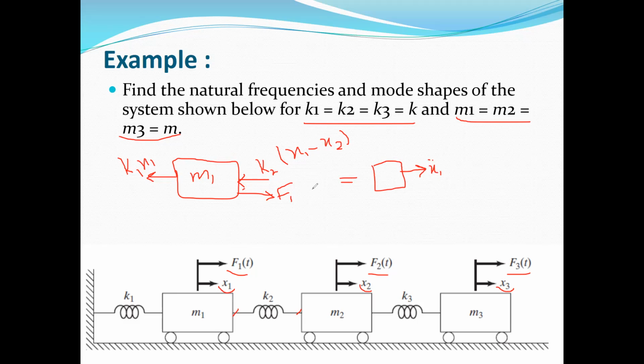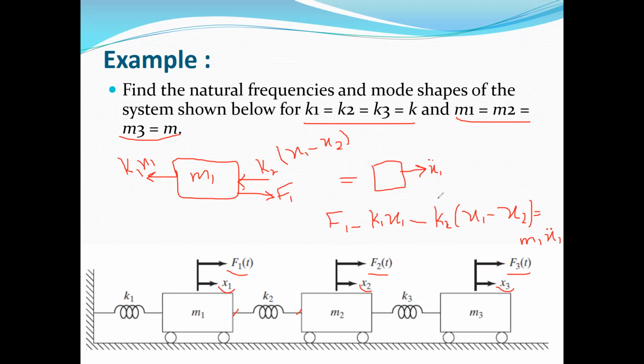in the horizontal direction, and we will have F1 minus k1 x1 minus k2 times (x1 minus x2) must be equal to m1 x1 double dot.